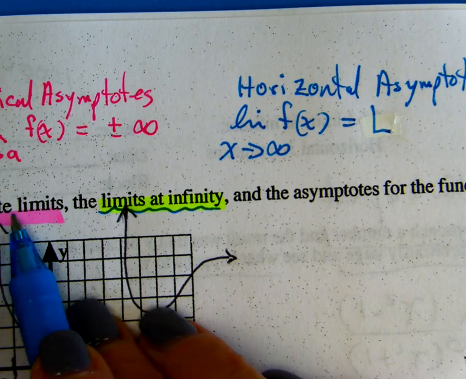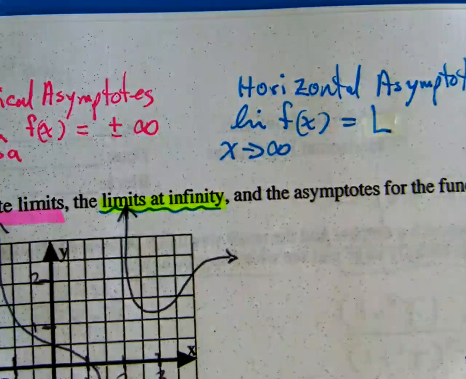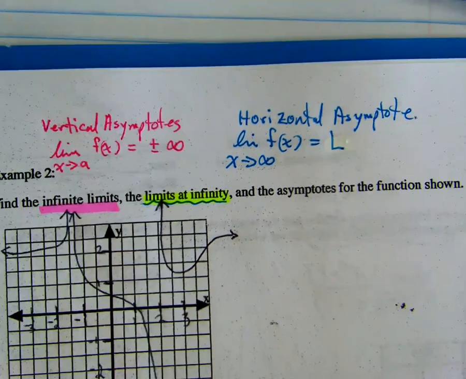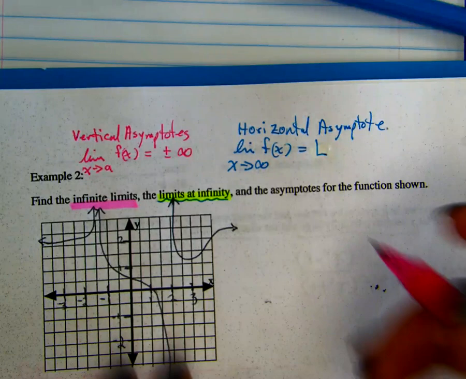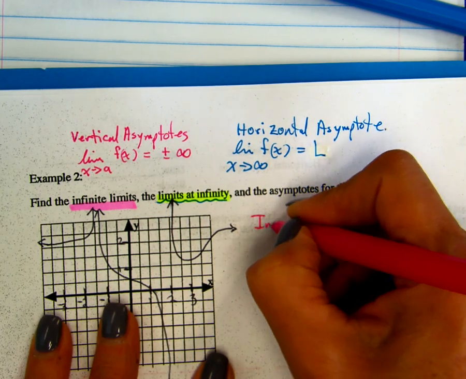These limits at infinity give you horizontal asymptotes. They don't necessarily limit to infinity, which is where your vertical asymptotes are. So look at the diagram for those 2.